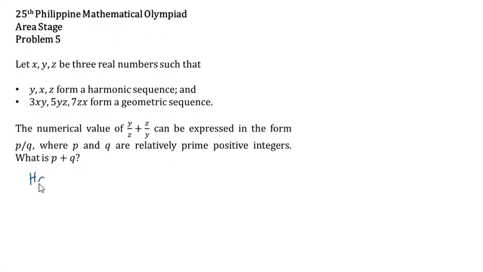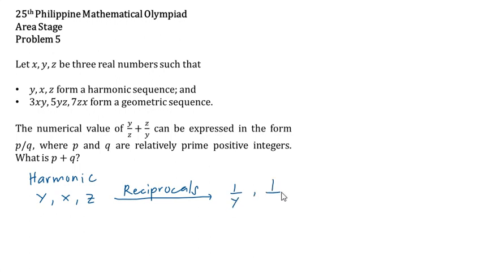So we have the given harmonic sequence with terms y, x, z. If we take the reciprocals, we get 1 over y, 1 over x, 1 over z. This sequence is now an arithmetic sequence.